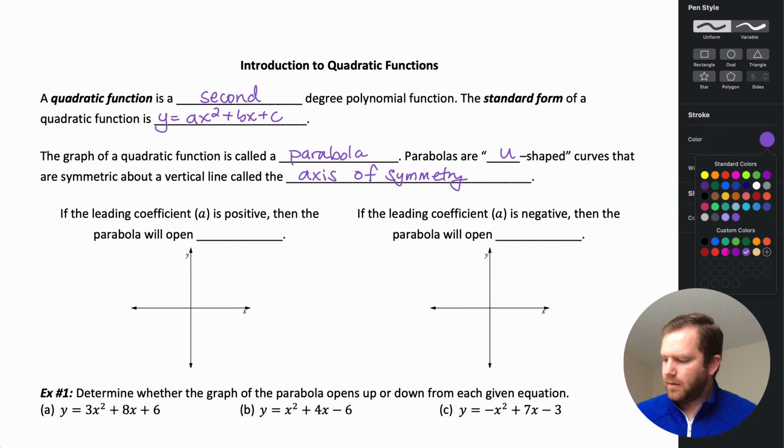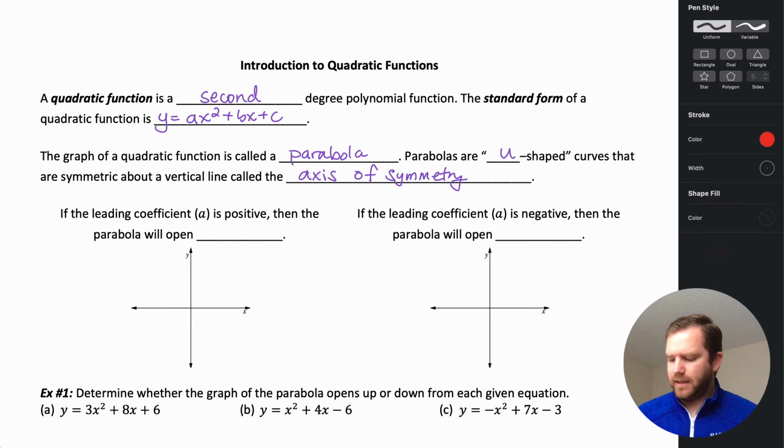One thing that is good to note when looking at a quadratic function is that the leading coefficient tells us a lot about what's happening with our function. It tells us how tall and skinny our function is, but more importantly, it tells us the direction in which it opens. If the leading coefficient is positive, then our parabola is going to open up.